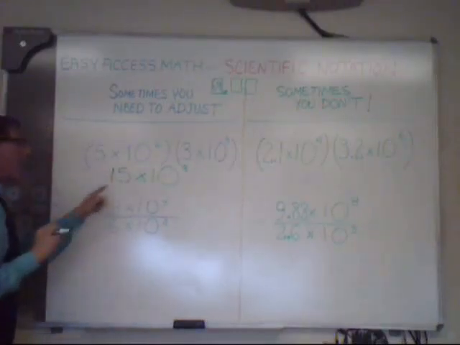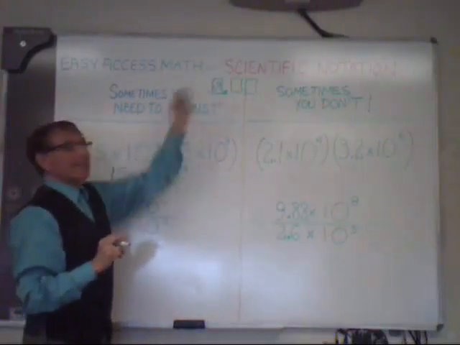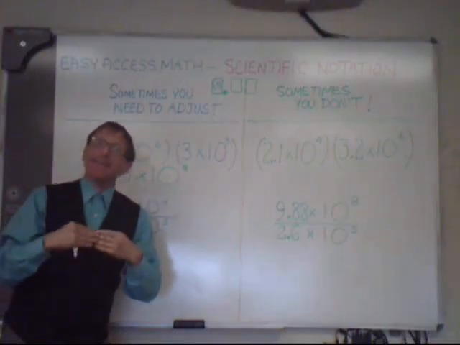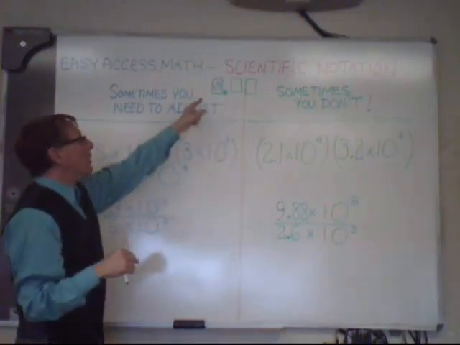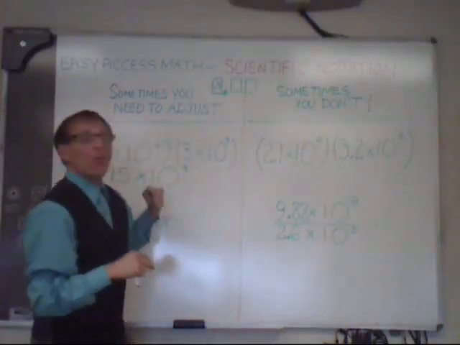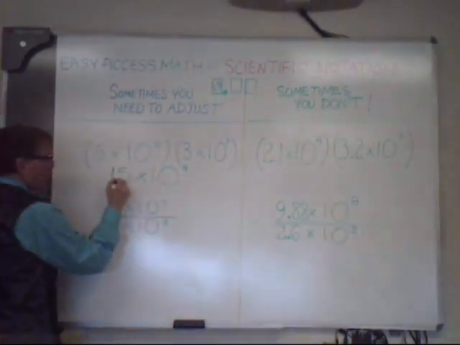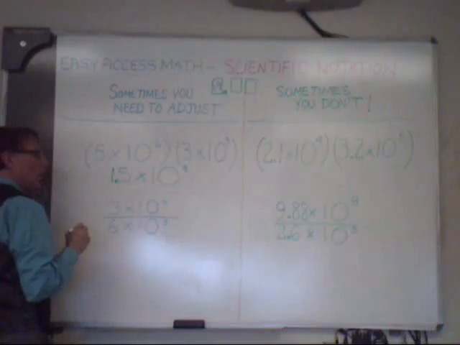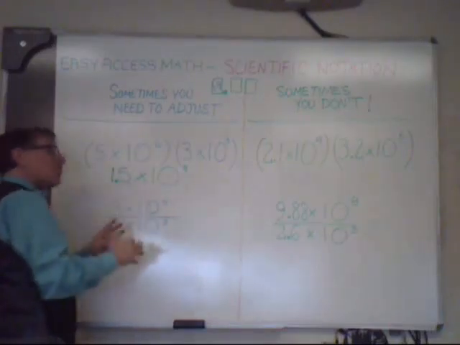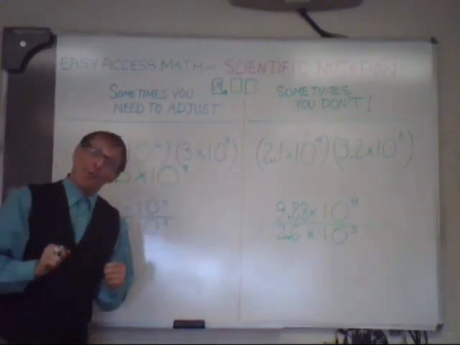That is not our answer because it doesn't fit the format of scientific notation, where the whole number place has to be just 1 digit, then the decimal point. So we have to move that decimal point 1 place and put it right between the 1 and the 5, meaning the 15 came down to 1.5.